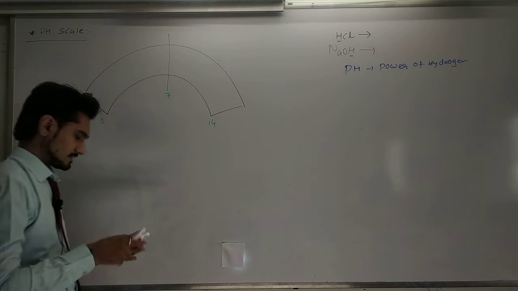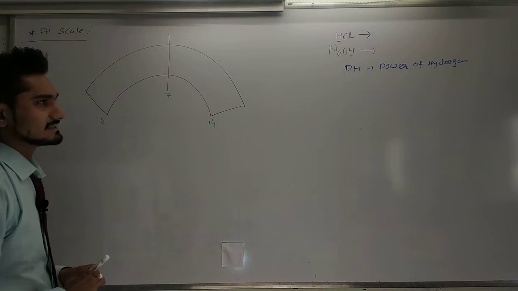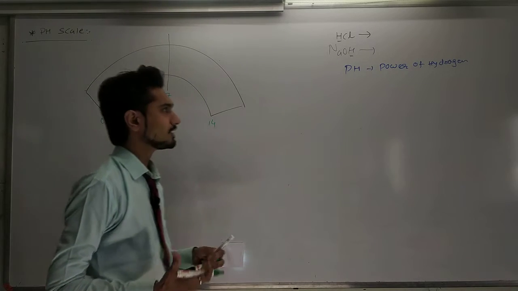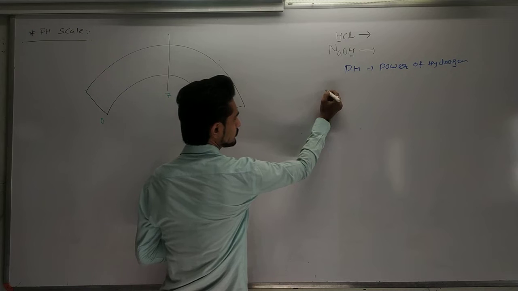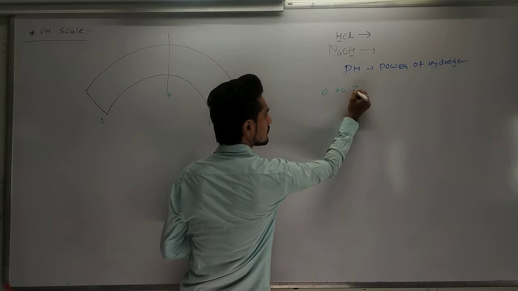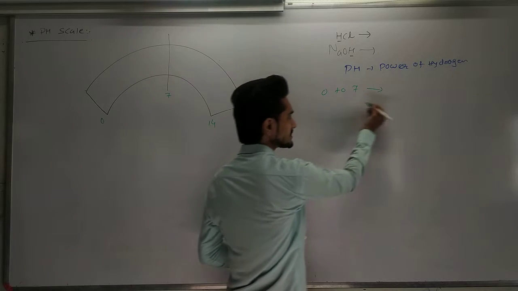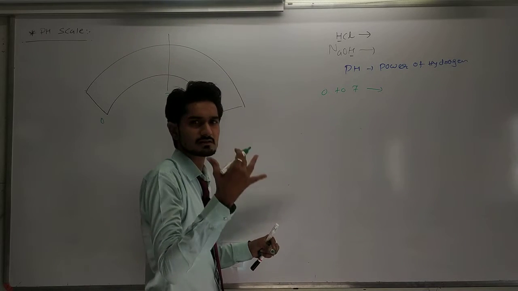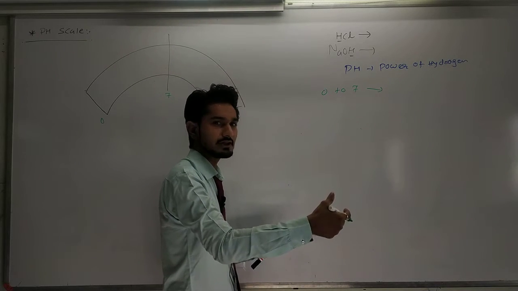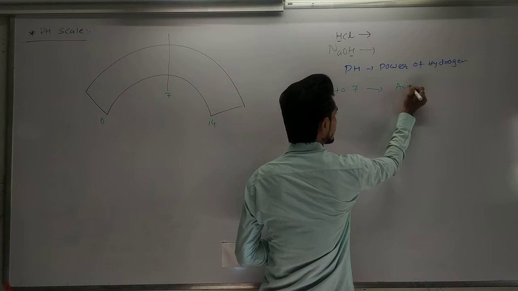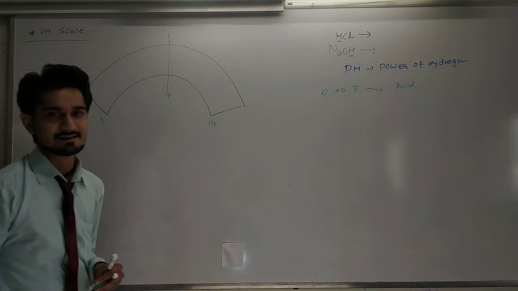Okay, now if you look at the diagram, whenever the power of hydrogen's value comes between 0 to 7, it defines the substance or liquid you are checking as containing acid.